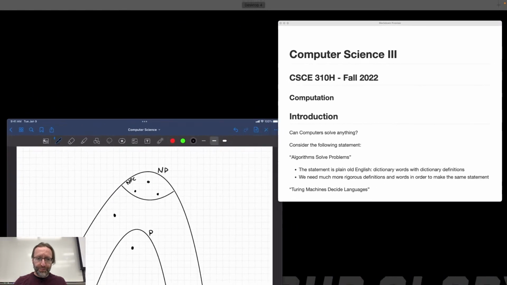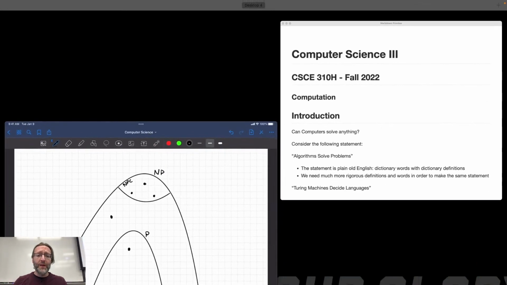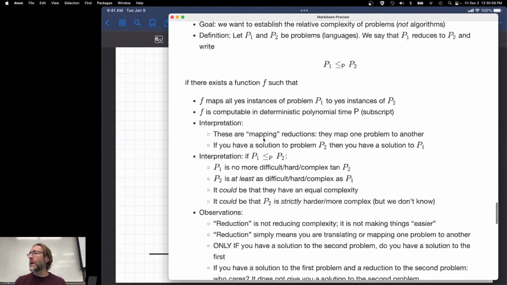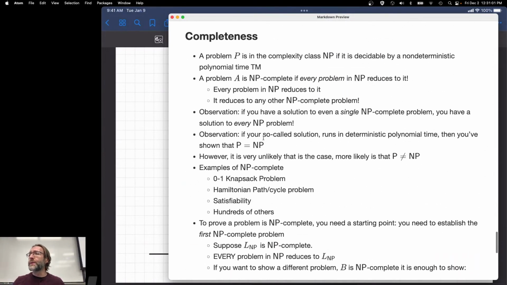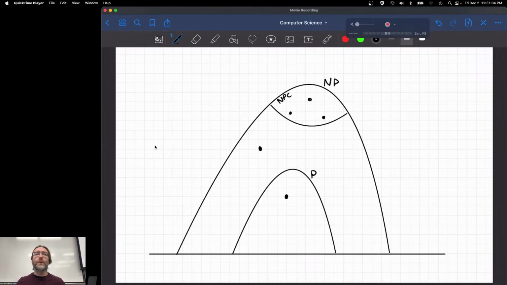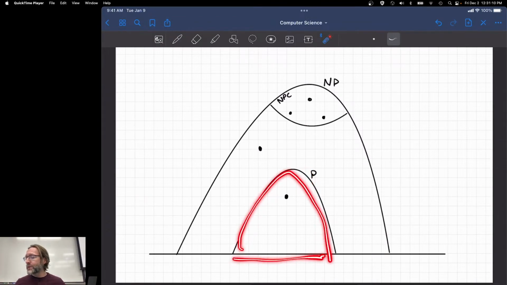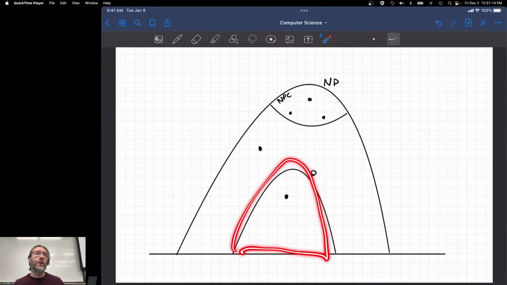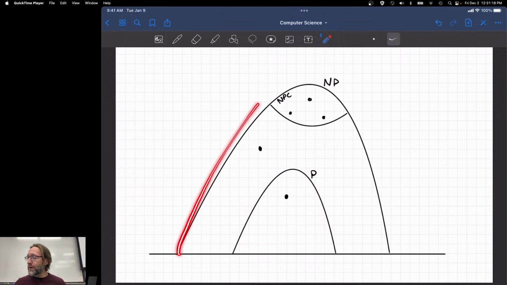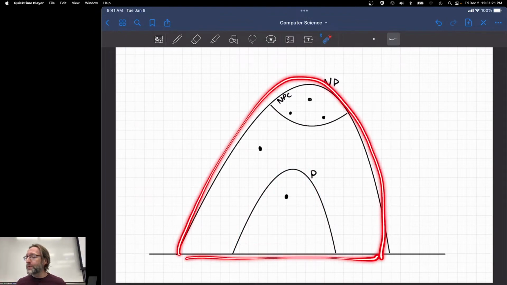So anyway, we left off last time talking about NP completeness. So here's our landscape so far, right? We've got deterministic polynomial time. These are the class of problems, or languages, that are solvable by a polynomial time algorithm, deterministic in the usual sense. We then defined NP, which is the class of all problems that are solvable by a non-deterministic polynomial time Turing machine.